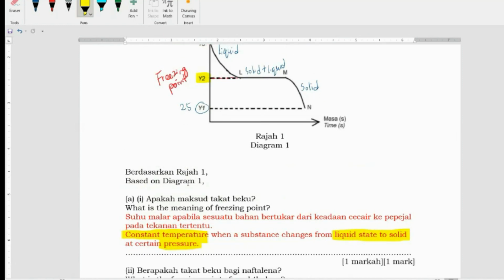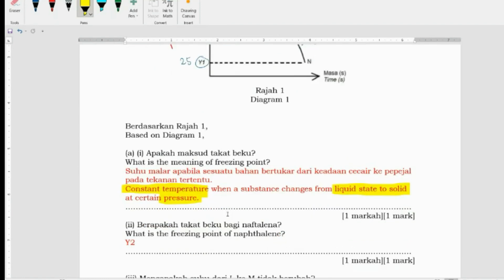What is missing? Class, siapa tahu? Apa yang tidak disebut di sini?